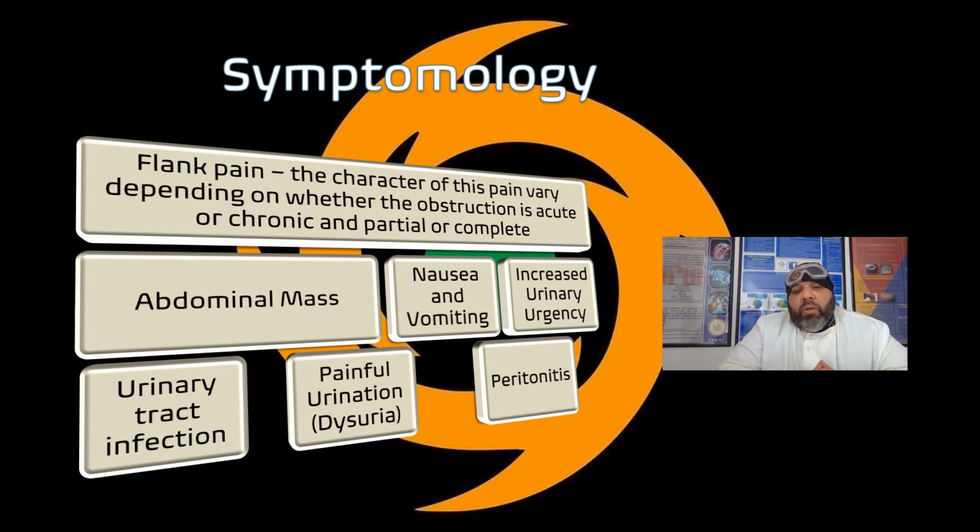Also there can be an abdominal mass, nausea and vomiting, increased urinary urgency, where there's also evidence of a urinary tract infection, and where there can be evidence of dysuria.